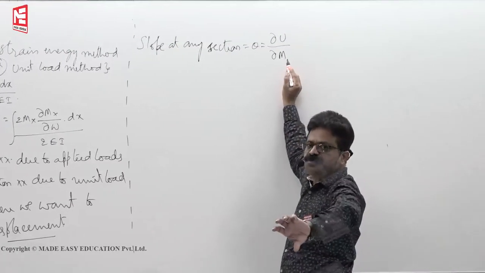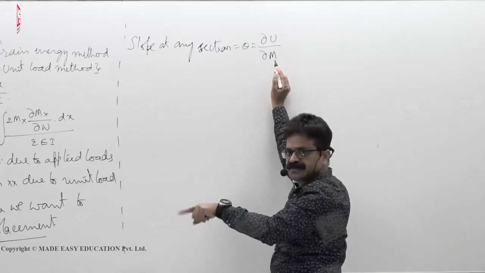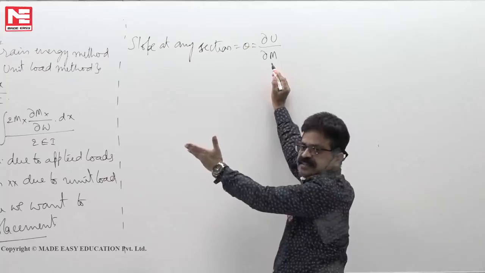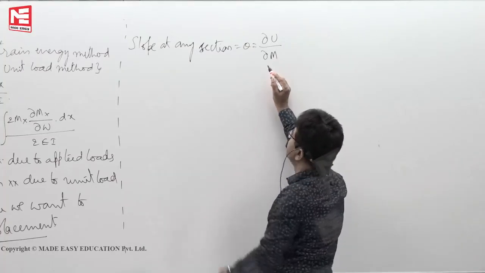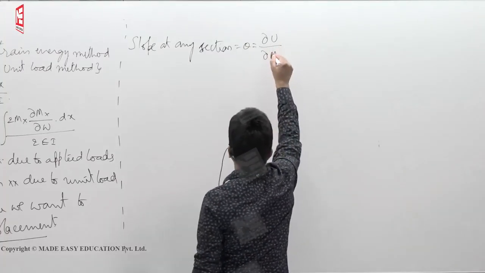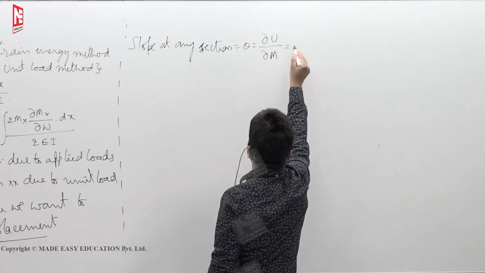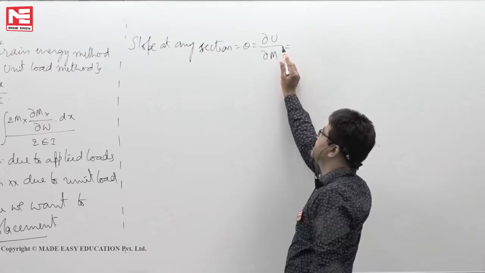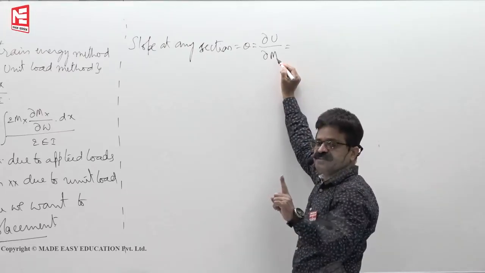That angular force is moment. When you want linear displacement, there must be linear force. That's why there is W there, there is M here. So slope at any section theta is equal to ∂U/∂M, first derivative of the energy with respect to moment at the section.